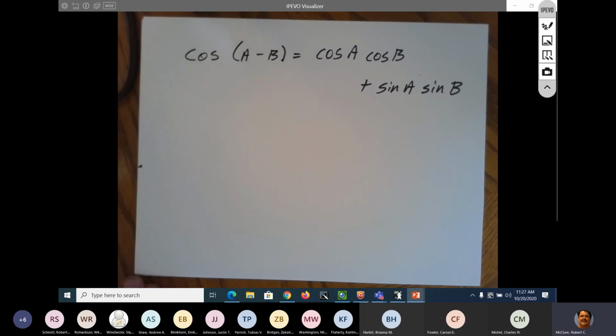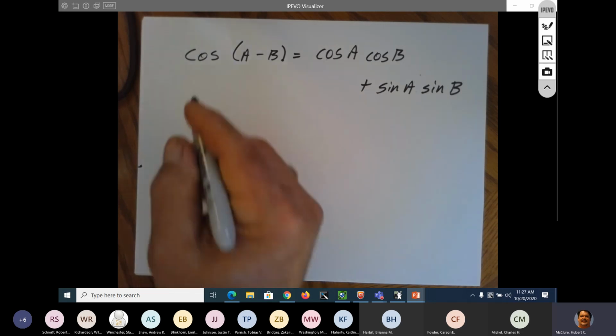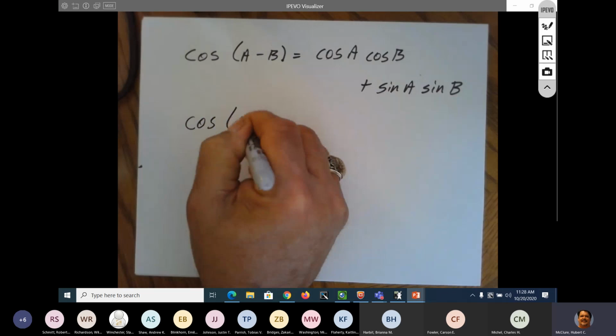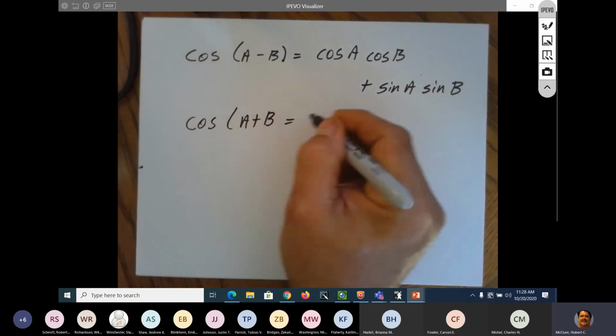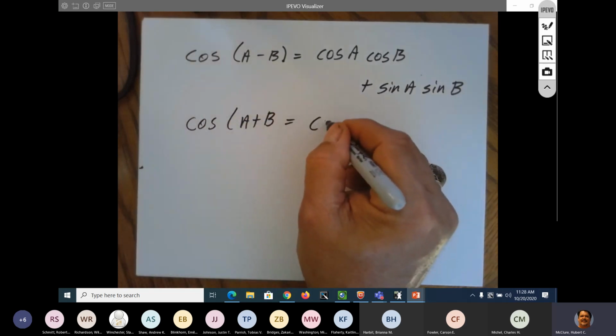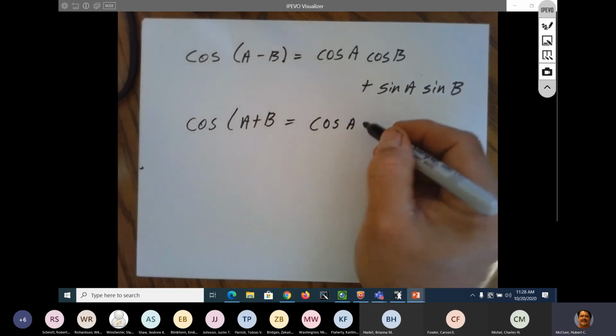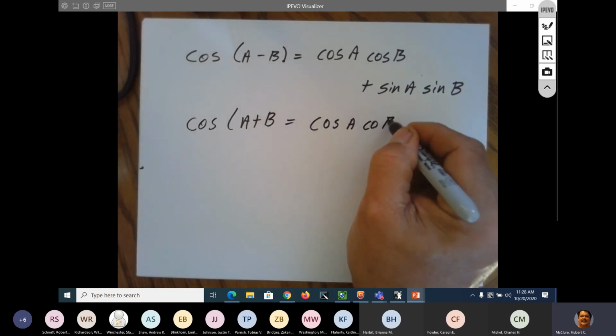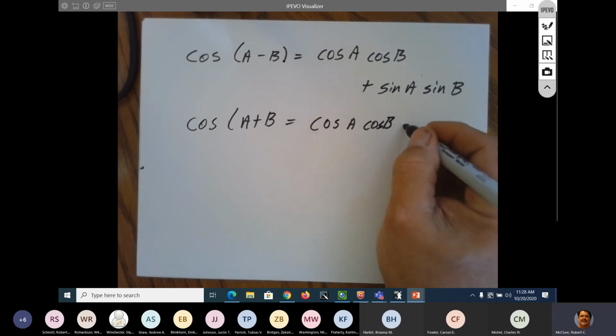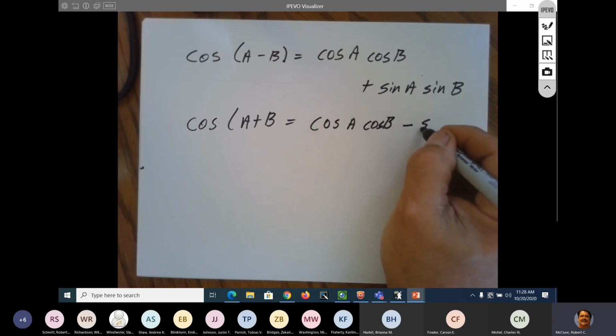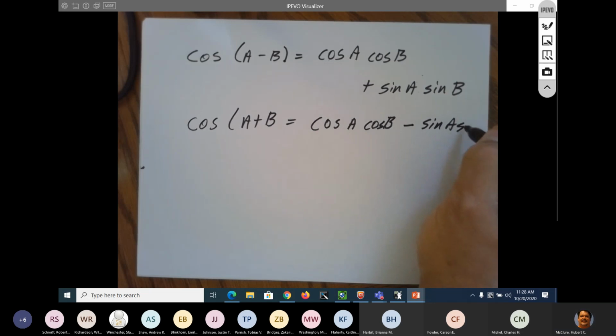The reason is you can see the A plus B. Cosine of A plus B is equal to cosine, cosine, and that's the way I remember them, then minus sine, sine. Sine of A, sine of B.